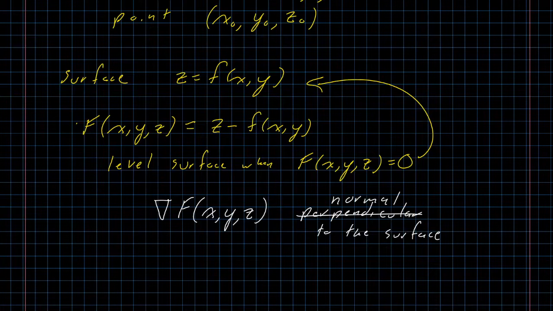Why do we have two words to mean the same thing? I don't know. The language of mathematics is kind of stupid. I blame the ancient Greeks.